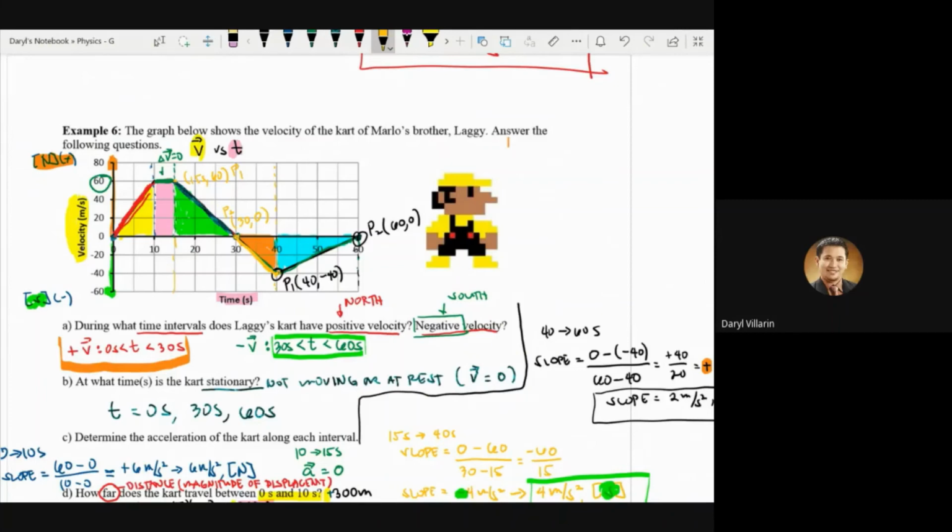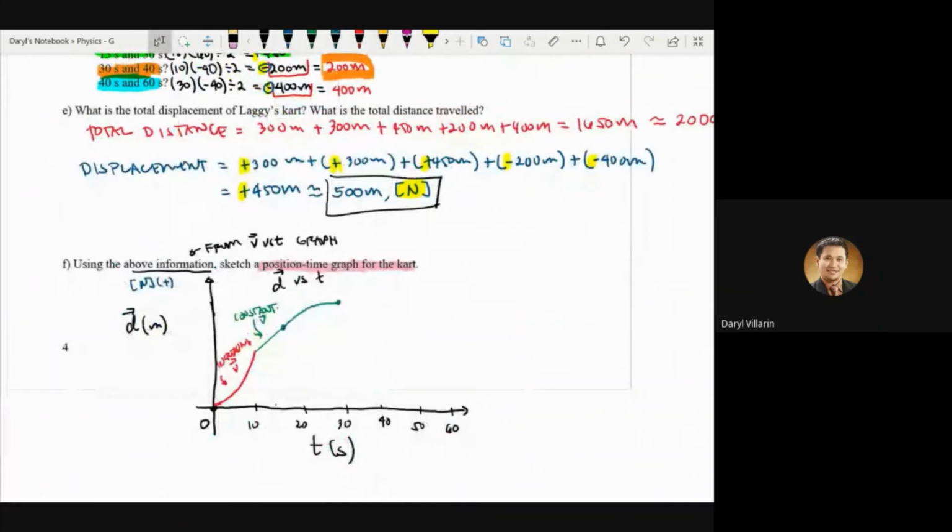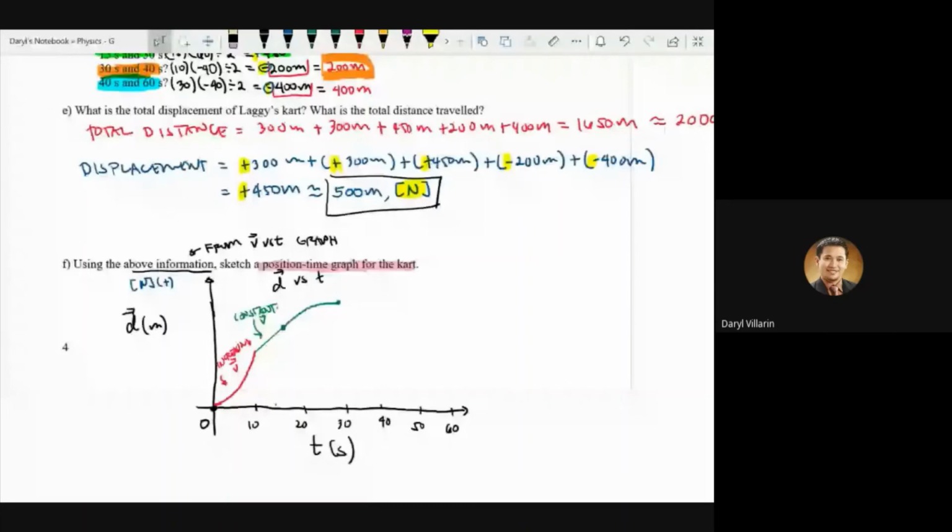So this is moving to the south, and the magnitude is increasing, okay? You can expect, from 30 to 40 seconds, it's not a straight line but a curve, maybe parabolic in nature, okay? And it would be something like this.